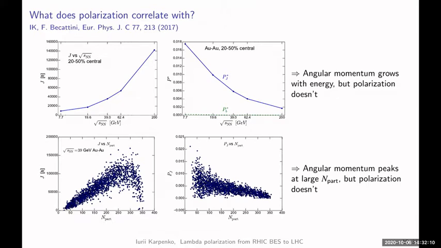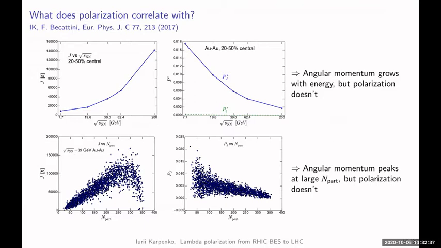Because of the overall geometry, the total angular momentum actually peaks at a certain centrality, which is shown on the bottom left plot. Different from that, the mean polarization doesn't peak at a certain centrality. It seems to steadily grow from central events to non-central events. So again, there is no direct correspondence between the two.